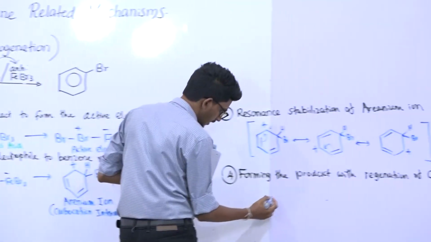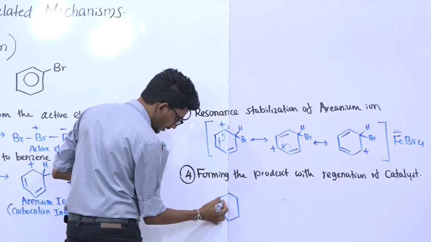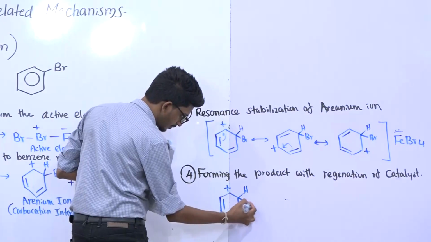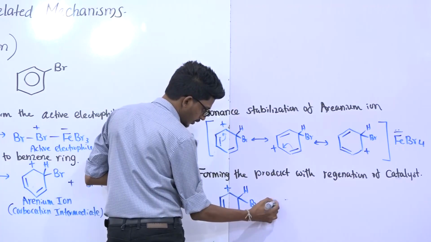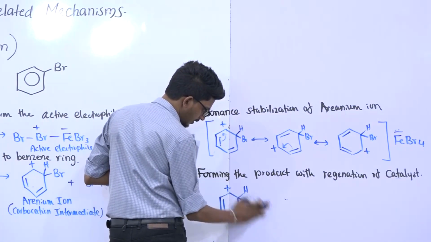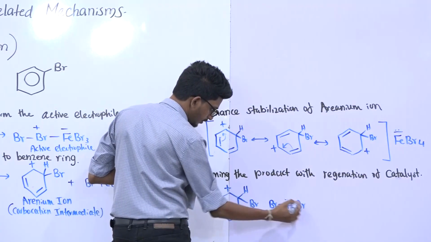So you can start with the arenium ion here. The arenium ion you wrote has the positive charge here, and the hydrogen and the bromine appear here. And what will happen? Your FeBr4 minus, some Br here. This is how FeBr4 minus looks like.